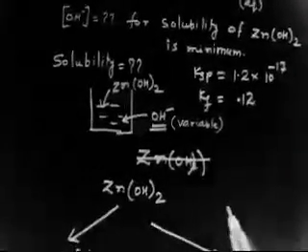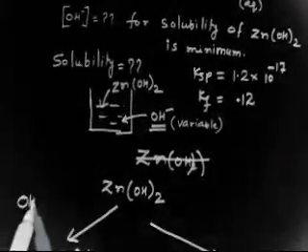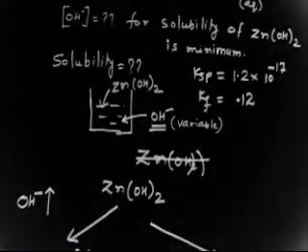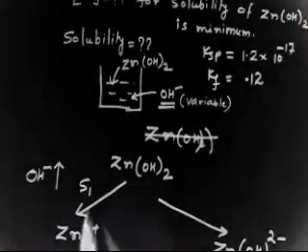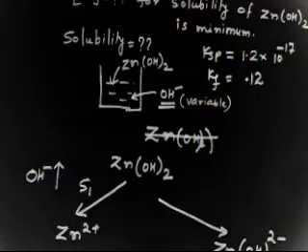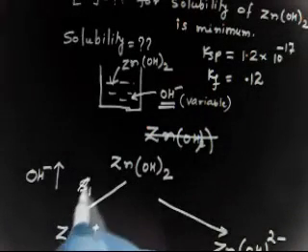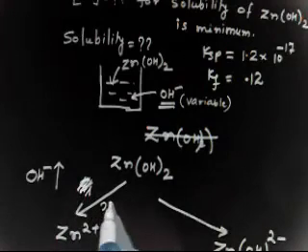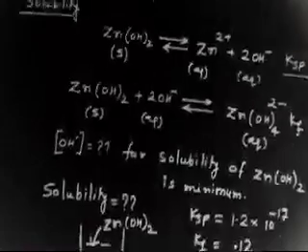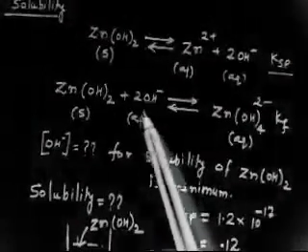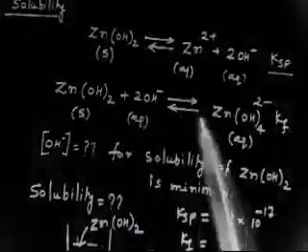So if I increase the concentration of OH-, solubility due to this reaction, let us say solubility due to this reaction is S1, or you can say X, this decreases. Now what about this reaction? If I increase the concentration of OH-, this will react, so this reaction goes this side.